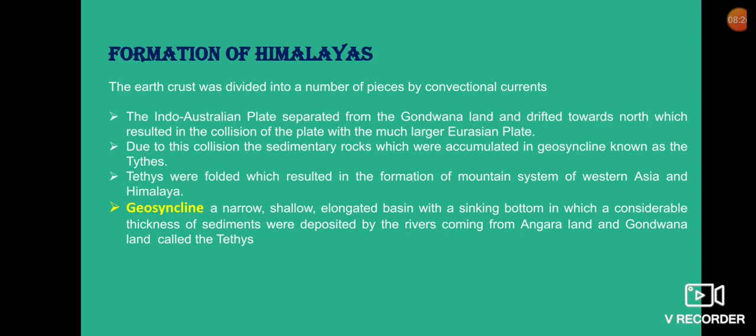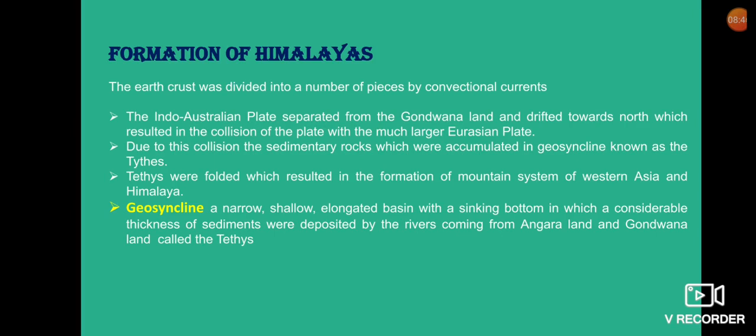It was located in the southern hemisphere. The convection currents of the mantle fractured it into a number of pieces. The Indo-Australian plate, after getting separated from Gondwana land, drifted slowly towards the north.